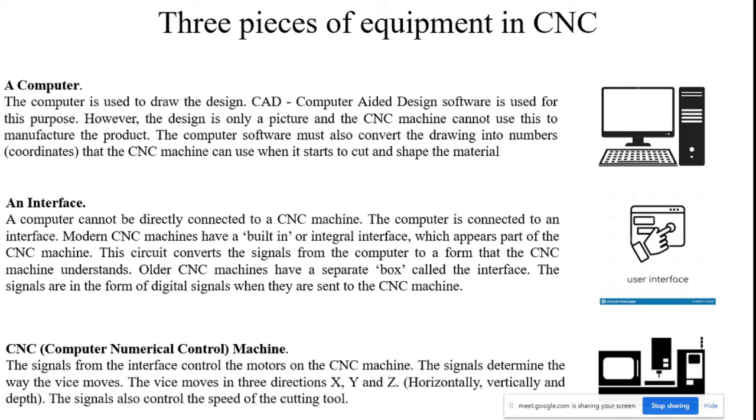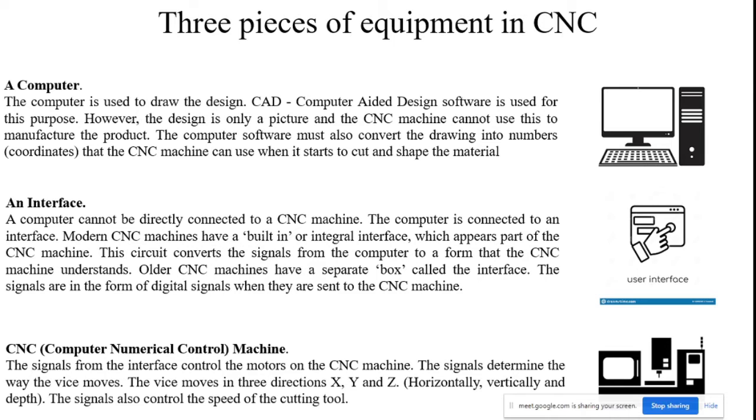This circuit converts the signals from the computer to a form that the CNC machine understands. The interface is used to understand the computer-generated data and transfer it to the CNC machine, so that the machine can understand what the computer generated and operate accordingly.